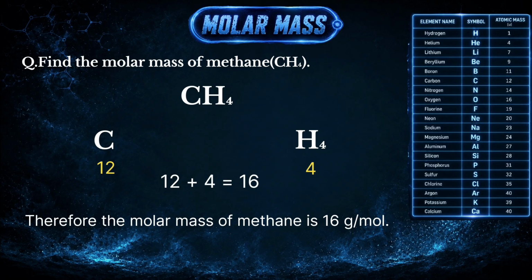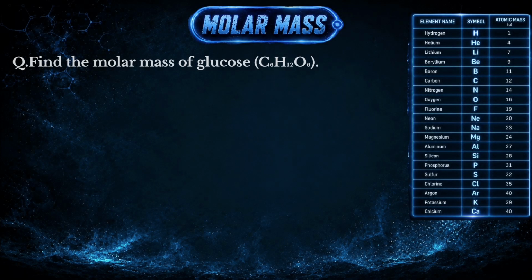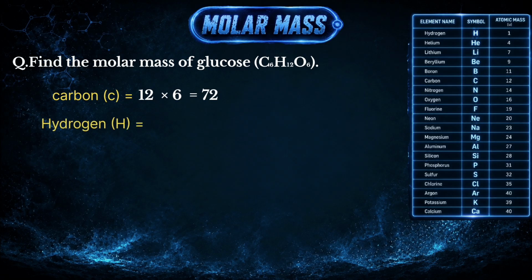Now, let's solve another question. Find the molar mass of glucose, C6H12O6. Glucose contains 6 carbon atoms, 12 hydrogen atoms, and 6 oxygen atoms. Carbon has an atomic mass of 12, and there are 6 carbon atoms. So, multiply 12 by 6. 12 times 6 equals 72. Hydrogen has an atomic mass of 1, and there are 12 hydrogen atoms.